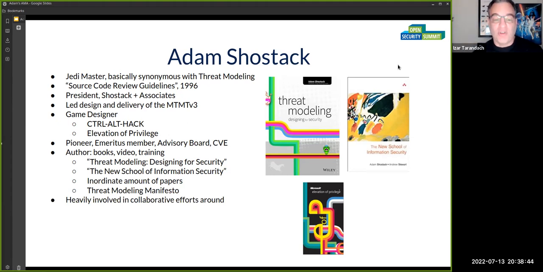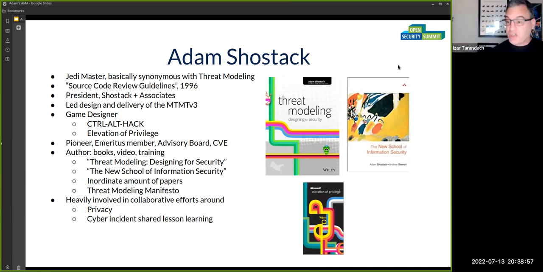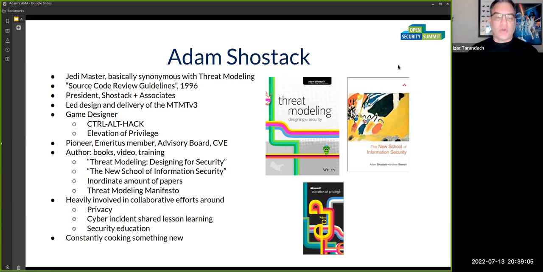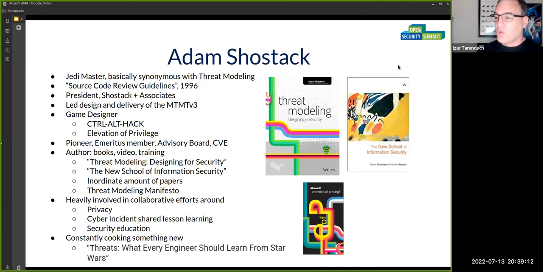He is heavily involved in collaborative efforts, and the keyword here is collaborative. Adam is one of the biggest proponents of, hey, people, let's work together to get this stuff better. He works in the areas of privacy, cyber incident shared lesson learning, and security education, with great training available on LinkedIn, go check it out. He's constantly cooking something new. The last thing in the pipe is Threats: What Every Engineer Should Learn from Star Wars.